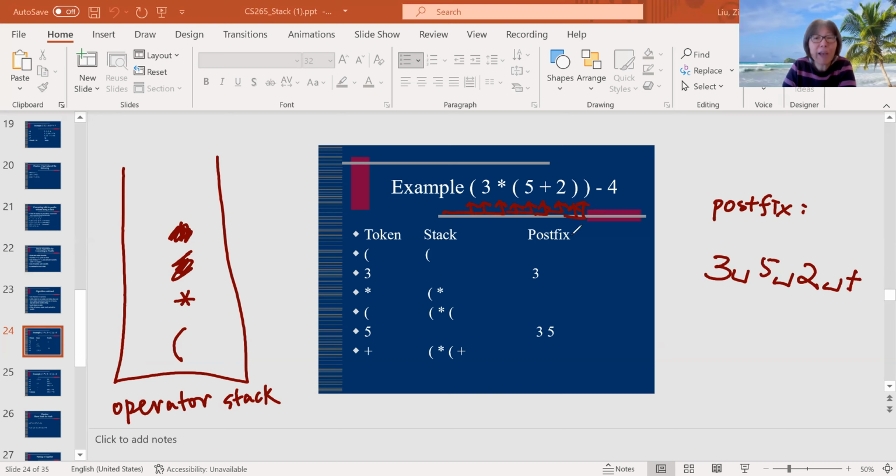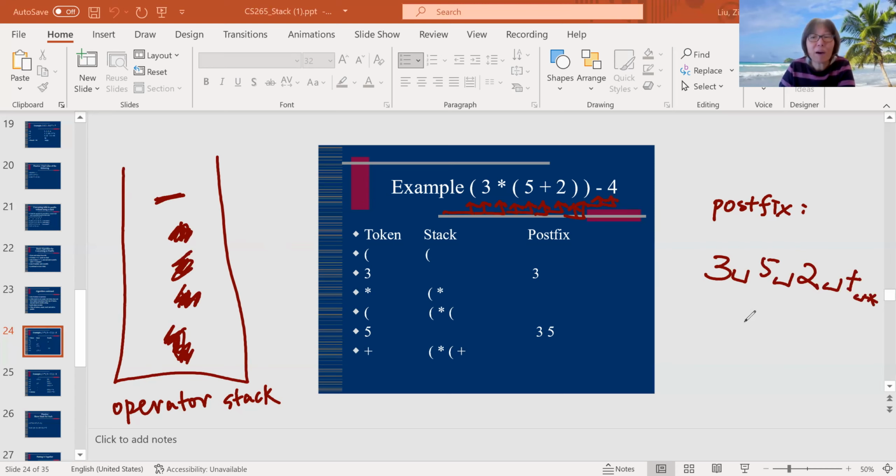And then keep scanning. It's a right parenthesis, then you need to pop. I need to pop it out and add it to postfix, until you reach the left parenthesis, you pop it out and then start scanning again. It's a minus sign, you add it to the stack because the stack is empty.